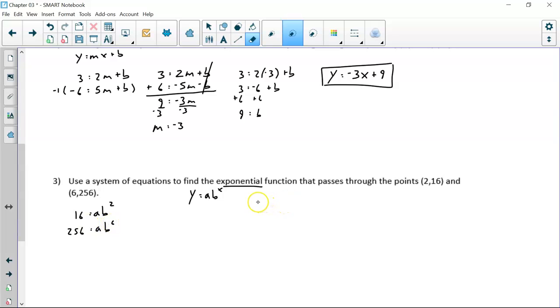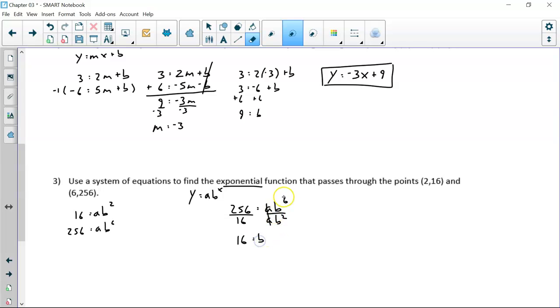So 256 equals a times b to the 6th on top, and I'm going to divide it by 16 equals a times b squared. 256 divided by 16 is 16, and that equals, now a divided by a, they cancel.